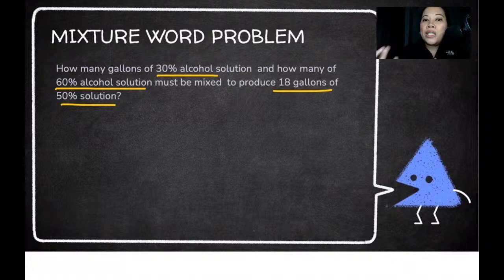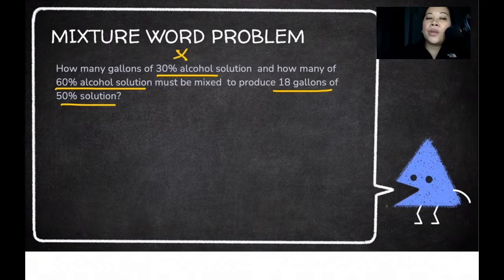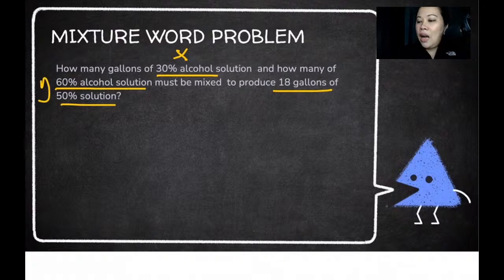So you have to understand one should be our 30% and the other one should be our 60%. So let's say our x will be the 30%. Okay, so that is our x. Now our y will be our 60%.